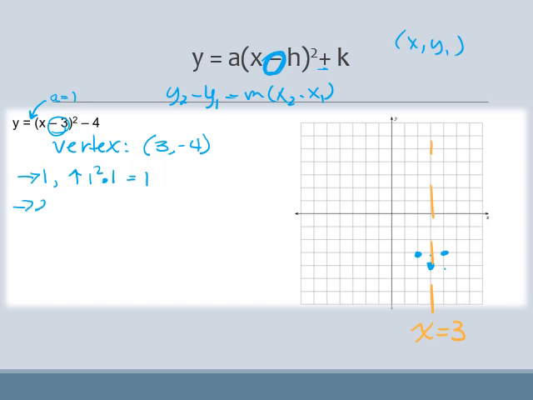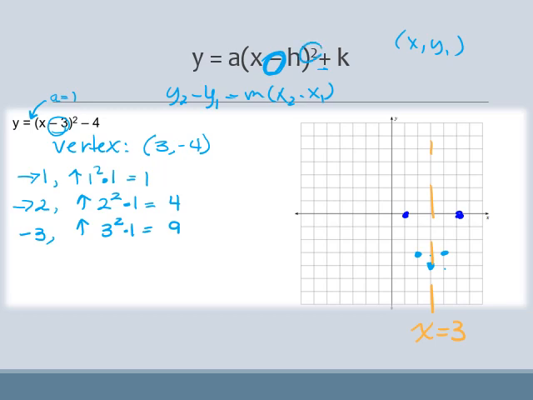Going to go over 2. And now I said I'm going to go up 2 squared times 1, which would be 4 times 1, or 4. So I'm going to go over 2 and up 4. And then, if I go over 3, I'm going to go up 3 squared times 1, or 9.